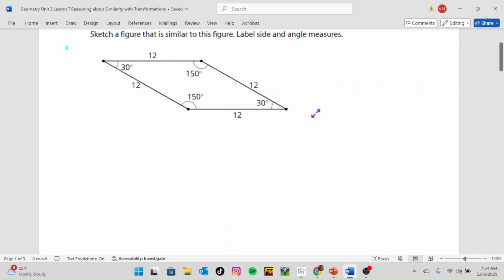Practice problem number 1. Sketch a figure that is similar to this figure. Label side and angle measures. So the key word here is similar.